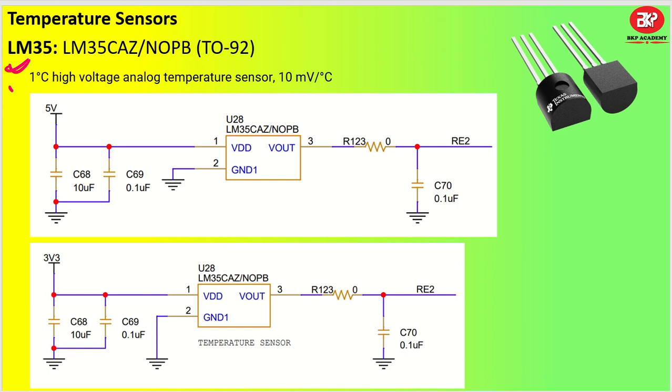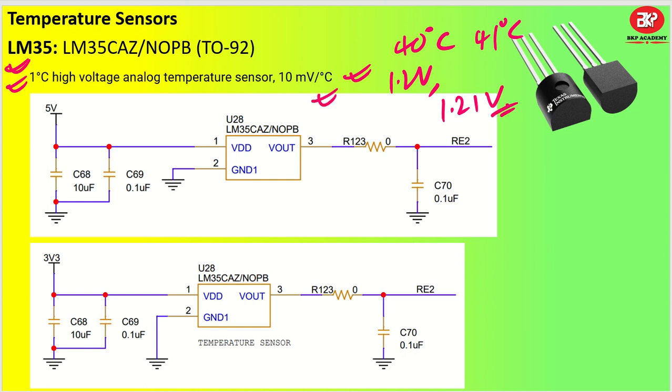It has an accuracy of 1 degree centigrade, and it gives you 10 millivolt per degree centigrade rise in temperature. Let us say right now it is 40 degree centigrade, you are going to get a 1.2 volt output. If it is 41 degree centigrade, you will get 1.21 volt output. So 10 millivolt will be added. This is what the indication is.